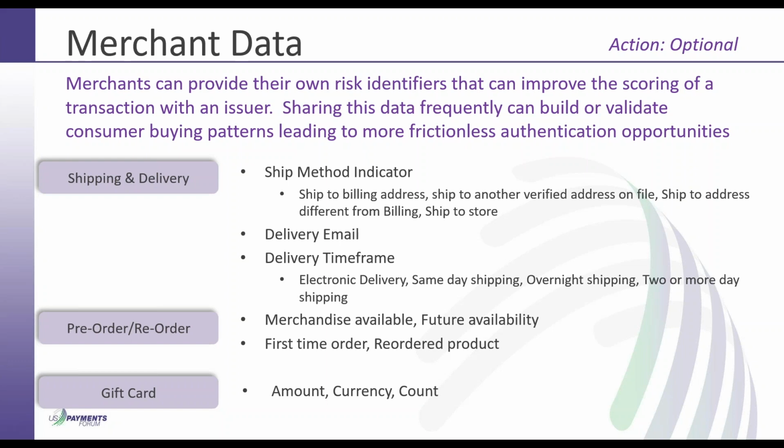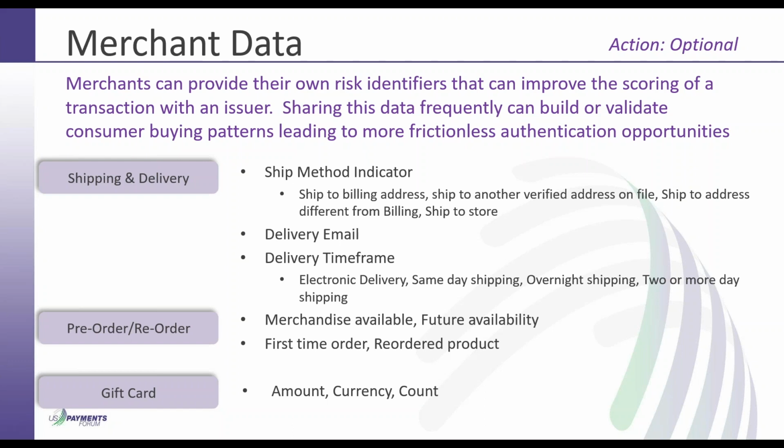So some examples here are shipping and delivery. A shipping method indicator can be provided saying that this is shipping to a billing address, or it's shipping to another verified address on file, it's shipping to a different address, or possibly ship to store.